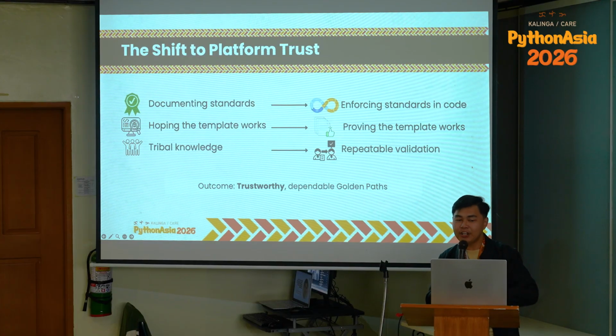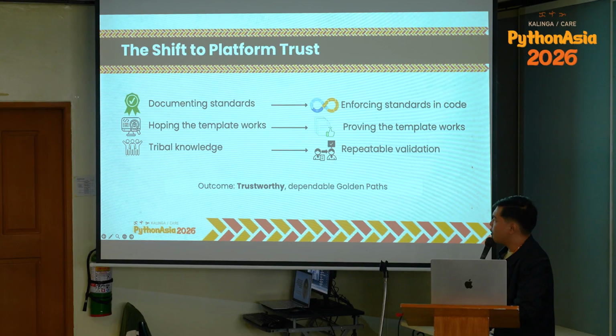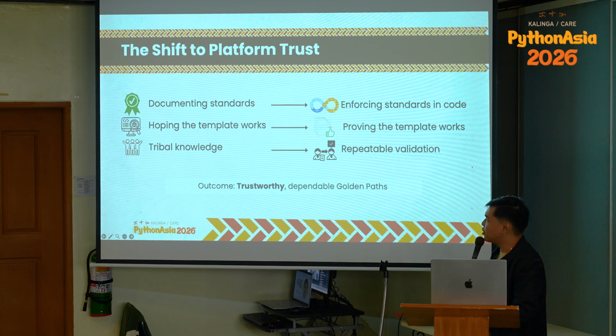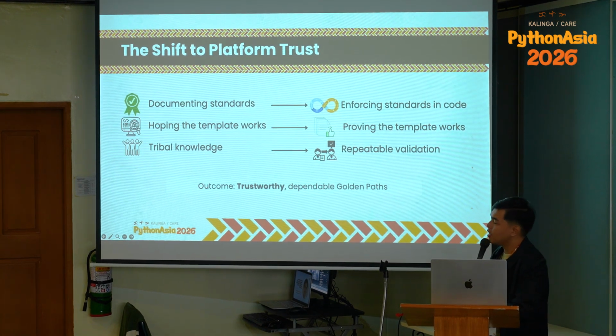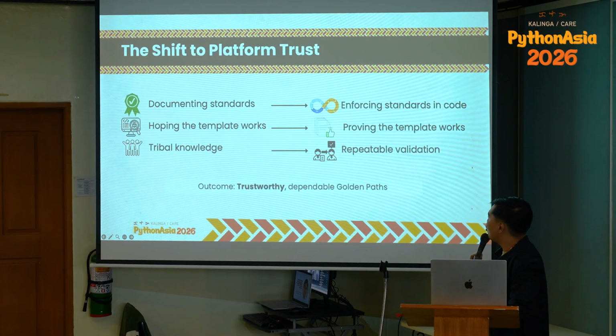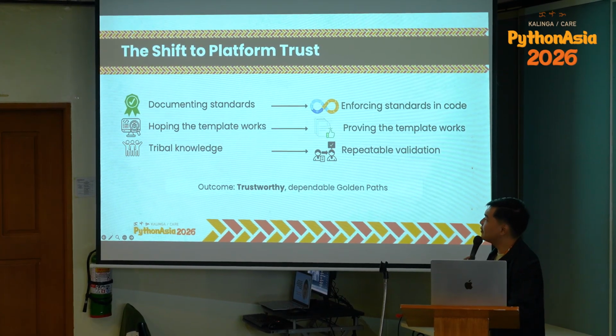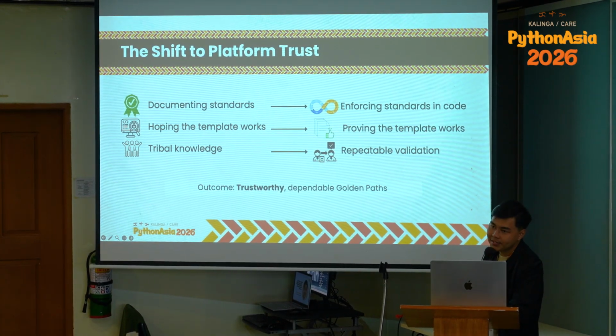So it actually shifts the landscape from documentation standards to enforcing the standards in the code itself. We shift from hoping the template works to proving it works with the test-driven approach that we have added with the Python harness.